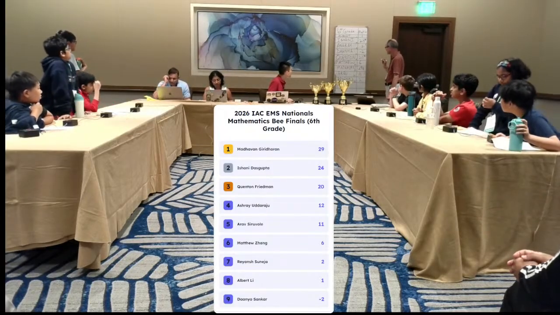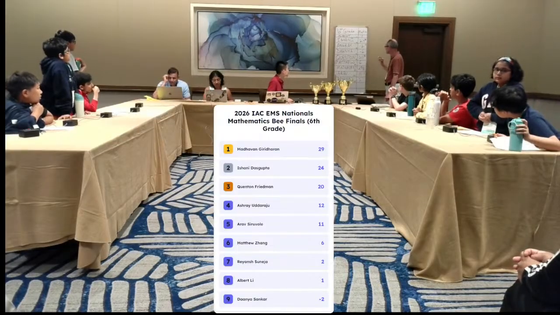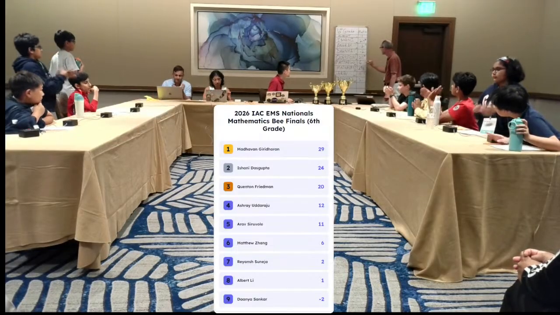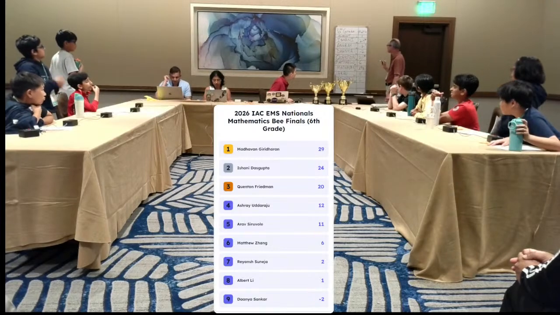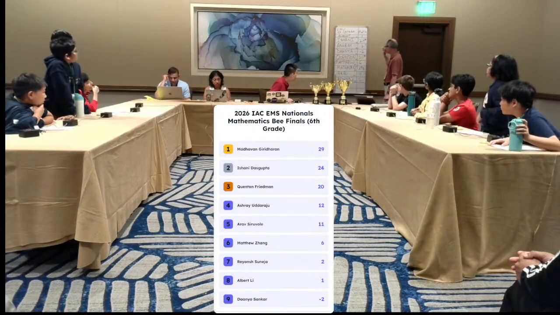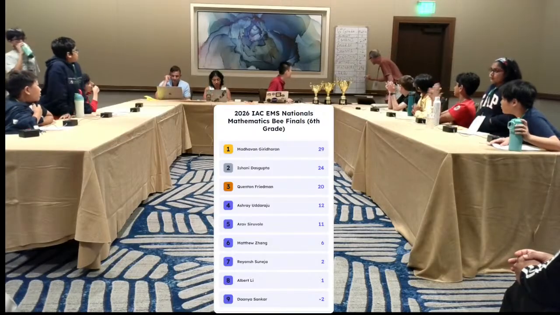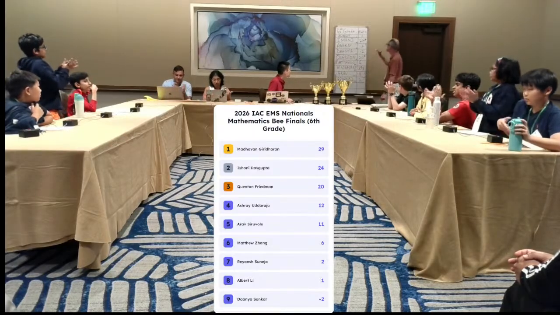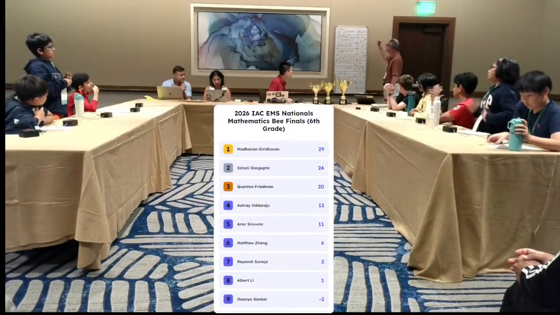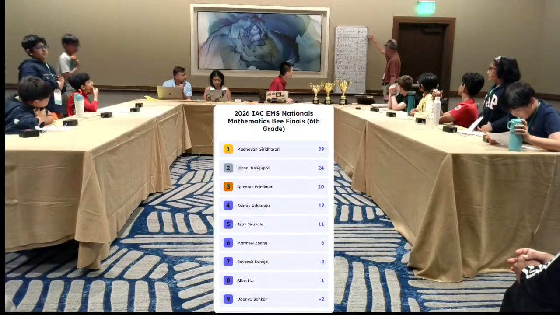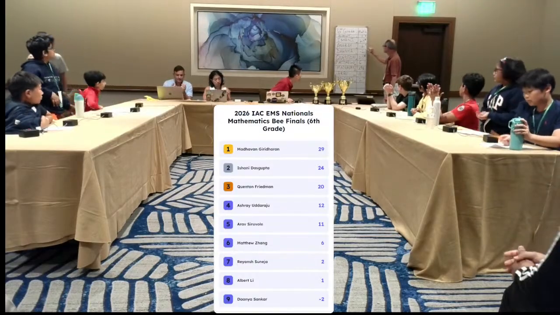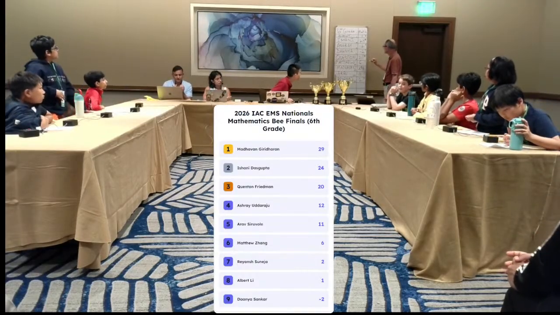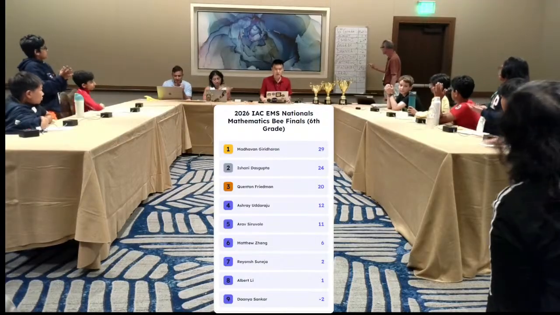In sixth place, green 2 Matthew with 6. Seventh place, green 5 Rayansh with 2. Green 1 Albert with 1. Red 4 Danya with 1.